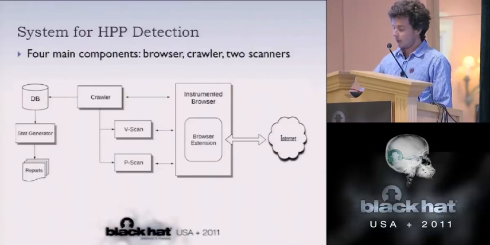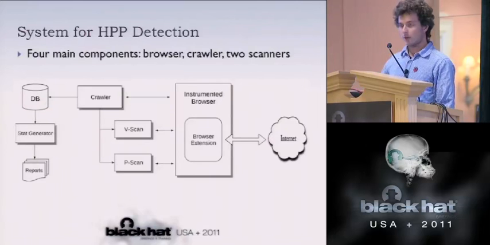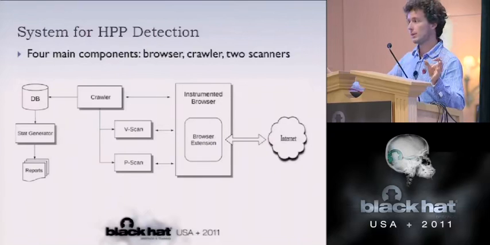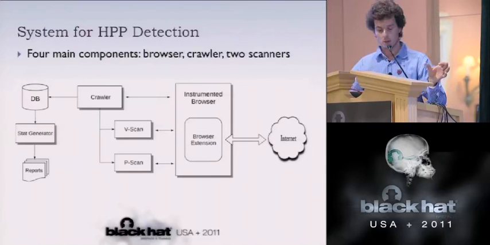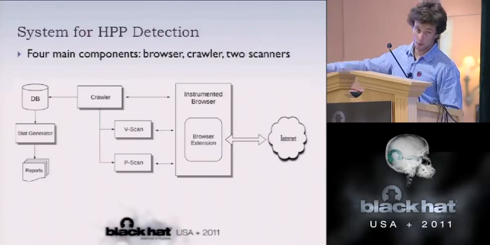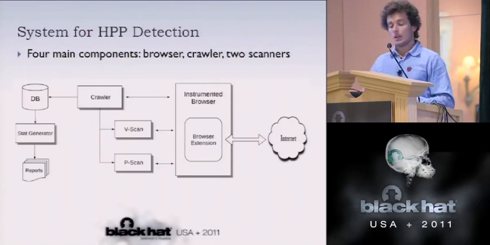So we have this modified version of Firefox. Then we have the crawler. It is a component that crawls the web application you want to test. You can configure the crawler and say, just check the home page of the site, or check up to depth 3, so it follows up to 3 links.